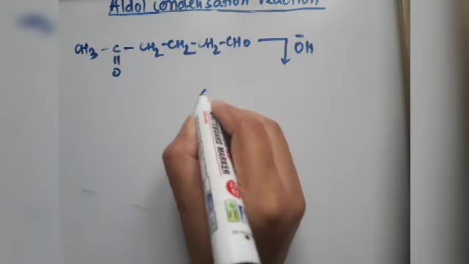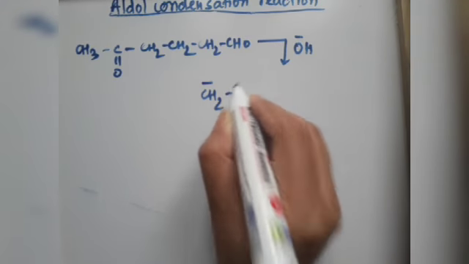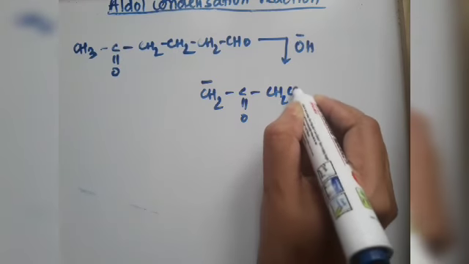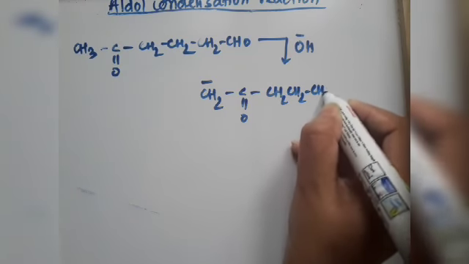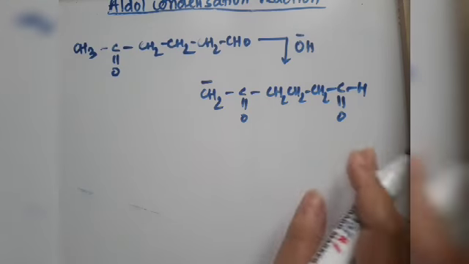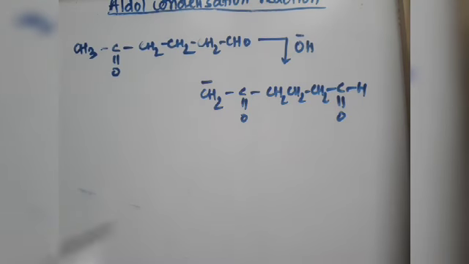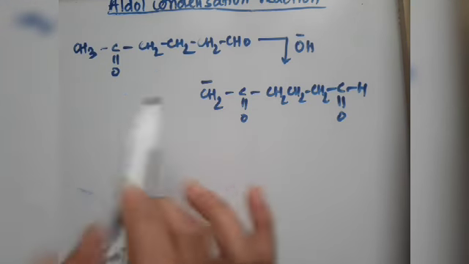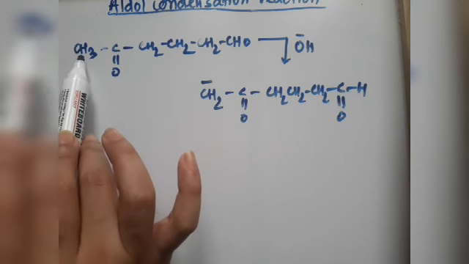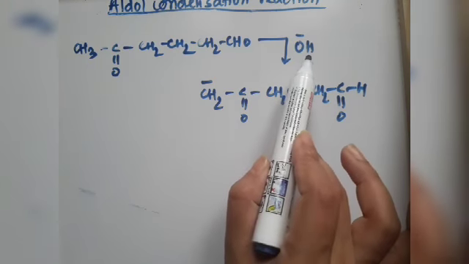So what will happen? CH2 negative, CO, CH2, CH2, CH2, COH. This will be formed at the first step. Why is this alpha hydrogen abstracted by the treatment with base?